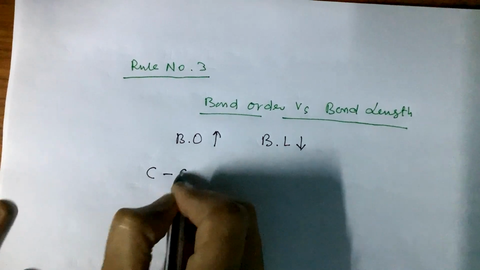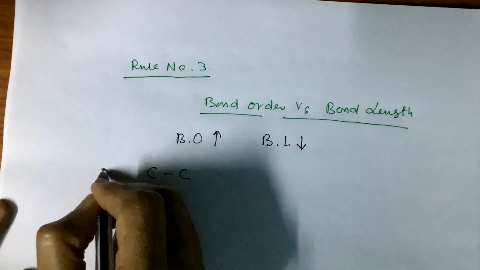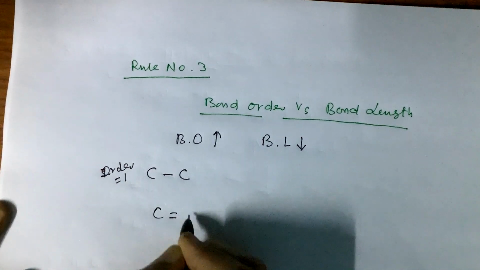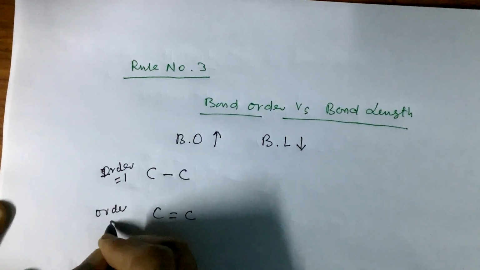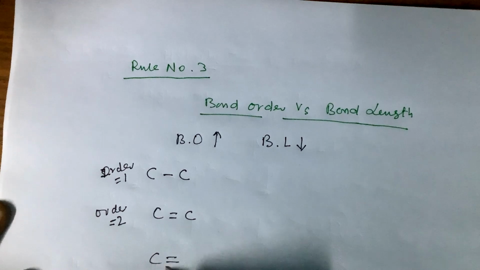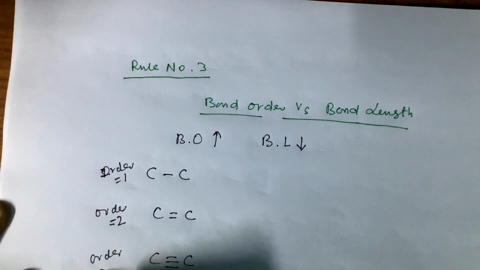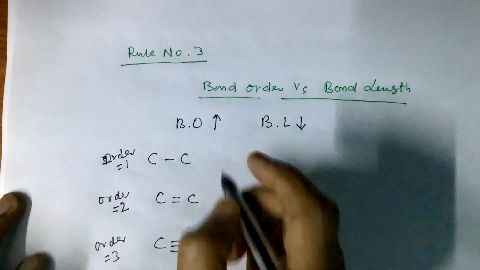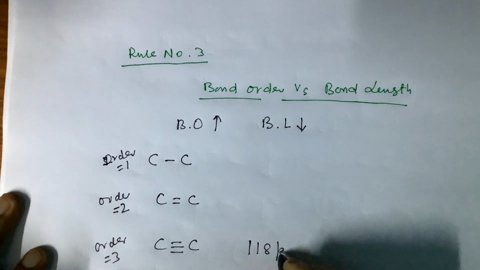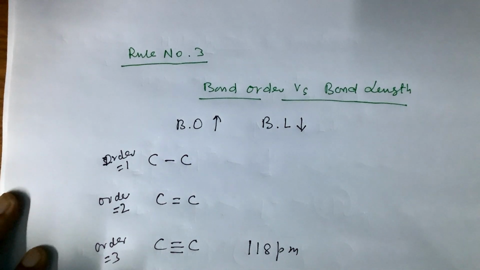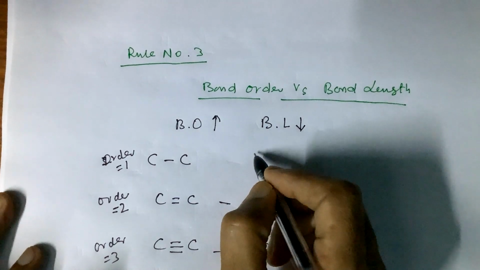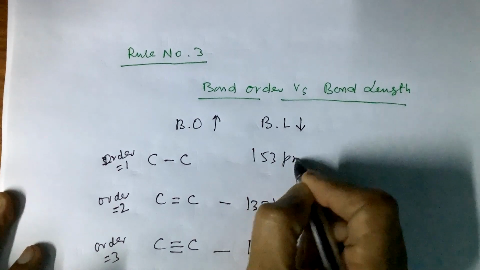In this example, this is a single bond, order 1, here a double bond, order 2, and here a triple bond, order 3. Here it is 118 picometer, here 133 picometer, and here 153 picometer.